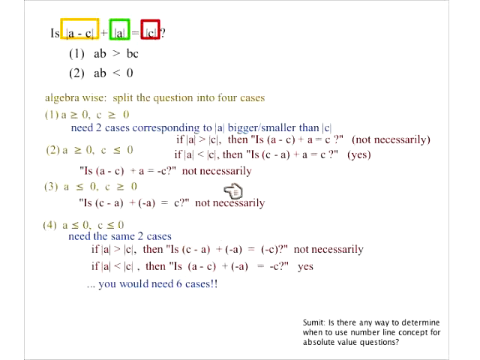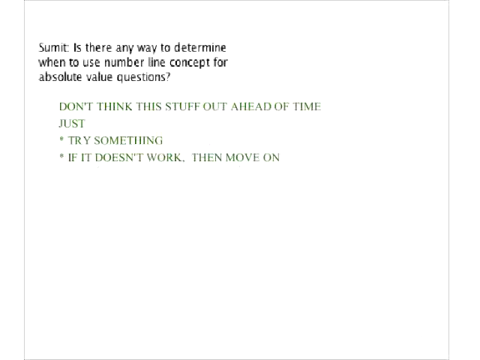If you can do this fast enough, then you might just want to go ahead and do it. Because there definitely are people out there who can do this in 2 minutes. Those people are not me. I definitely can't do this in 2 minutes. But the point is just to try stuff. So, the absolute value questions, there you go. Let's try something, move on.